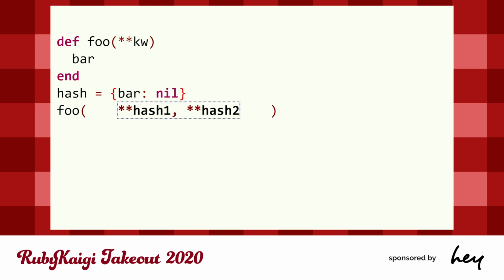Here's a more advanced case with multiple hash splats when calling. In this case, the caller side has to combine these hashes into a single hash. Now this case would set the flag indicating that the keyword hash is mutable. If the method accepts arbitrary keywords, because the mutable flag was set, the callee would not need to duplicate the hash. It could use the hash allocated on the caller side directly, resulting in a single hash allocation instead of two hash allocations.